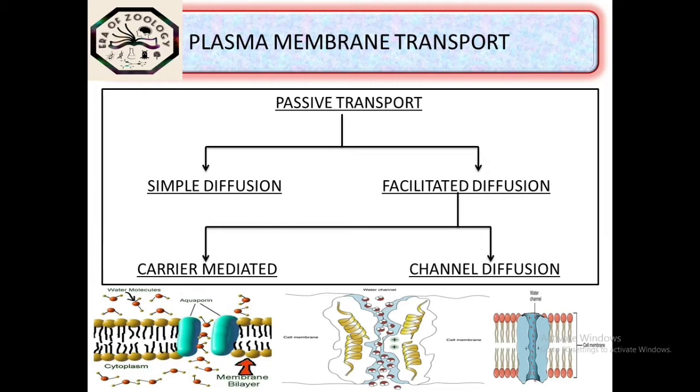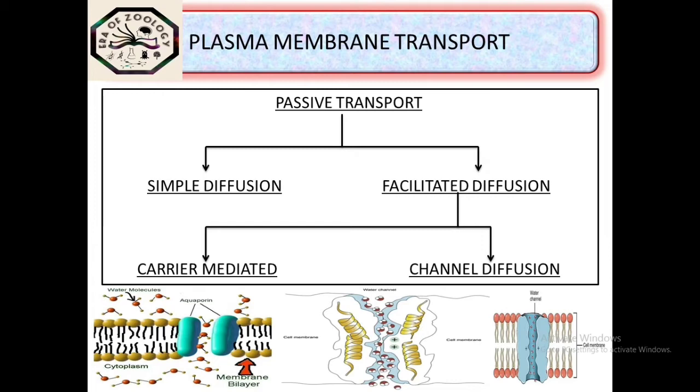Suppose the outer part, I mean the extracellular part of a cell, is rich in oxygen molecules. That means the density gradient of oxygen is high, and the intracellular part of this cell is low in oxygen. So what will happen?